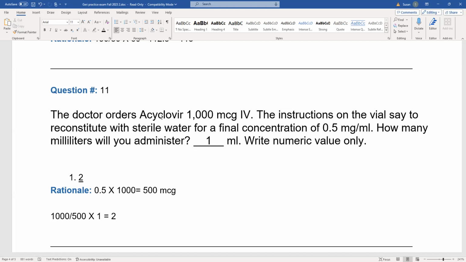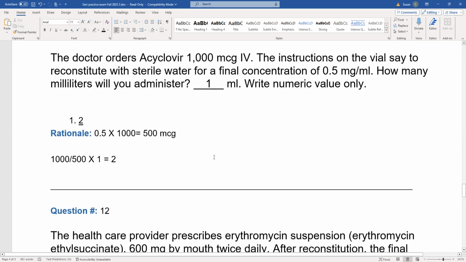Everybody good with that one? Are you good with the reconstitution?